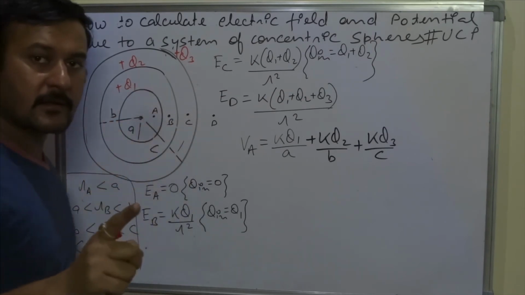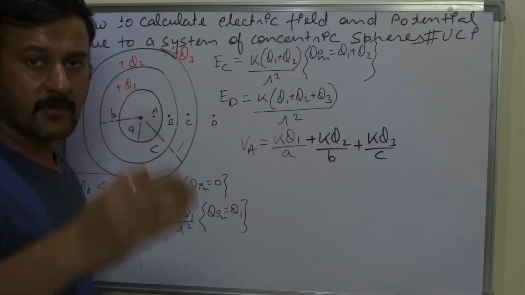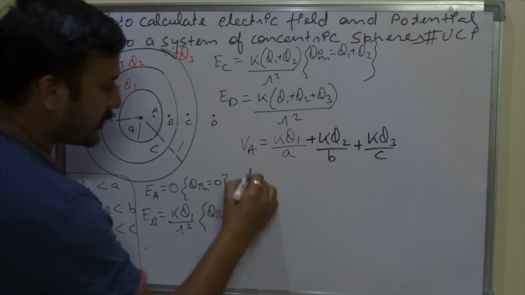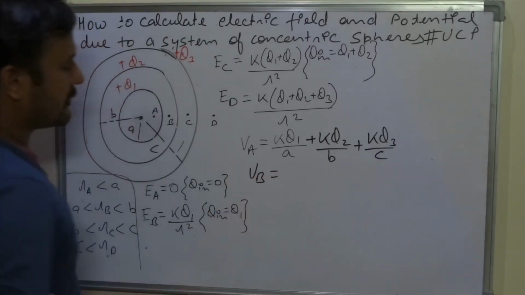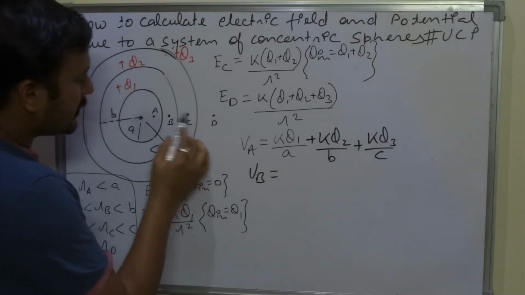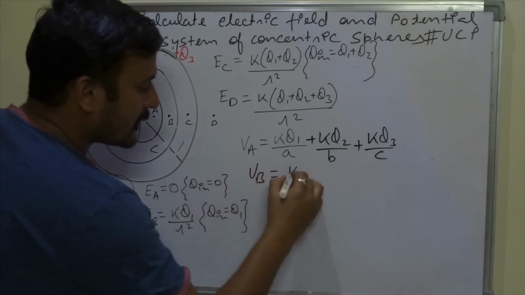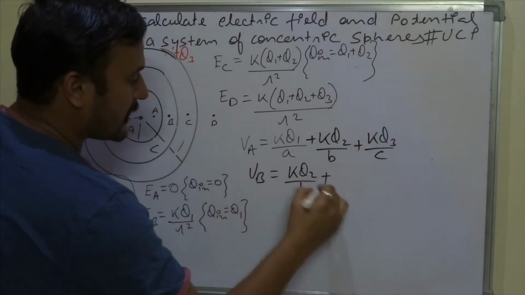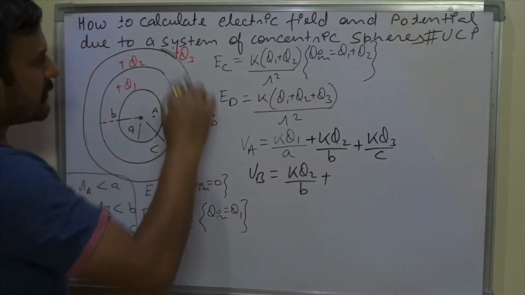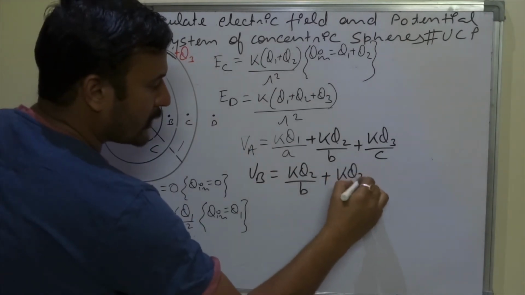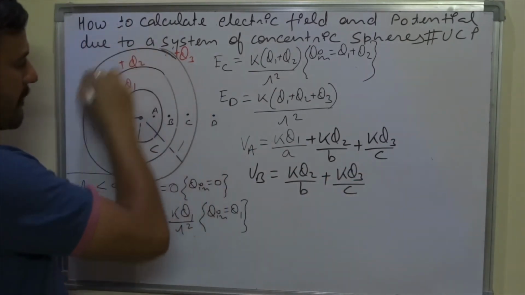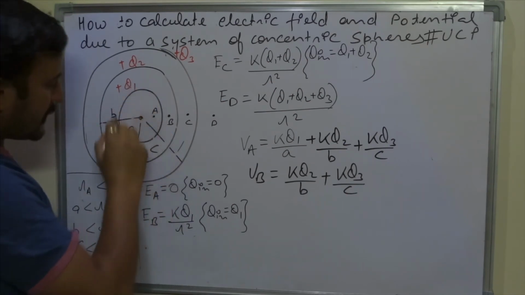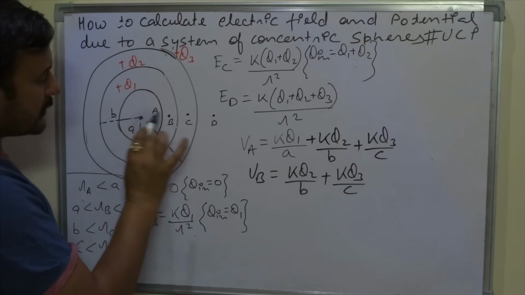So first we write the potential at B due to the spheres lying outside the point B. Due to the middle sphere, the potential is kq2 by its radius B, plus due to the bigger sphere, kq3 by its radius C. But for the innermost sphere, B is an outside point.